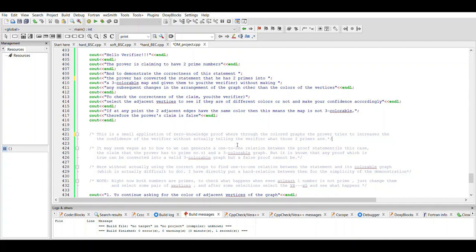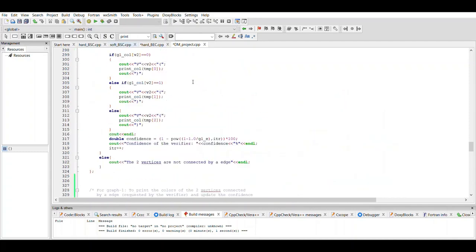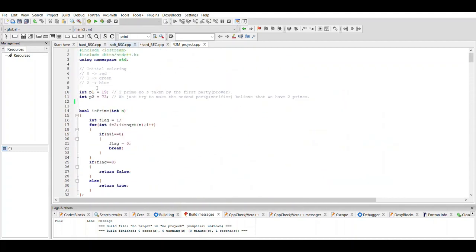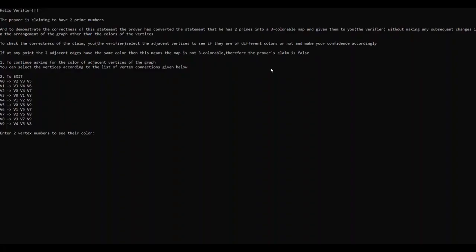Each time the verifier chooses two adjacent vertices which are of different color, the verifier's confidence or belief about whether the prover is telling the truth or not increases. So, for example, right now I have taken two prime numbers, and these are only known by the prover and not the verifier.